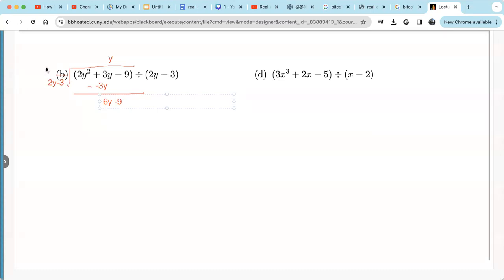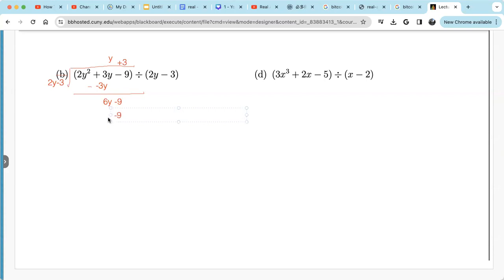Now, what do we need in the quotient? 3, right? Because 2y times 3 gives us 6y. So we add 3 in the quotient. Now, 2y times 3, that's 6y. Subtract, get rid of the leading term. So all we have to do is -3 times +3, we get -9.